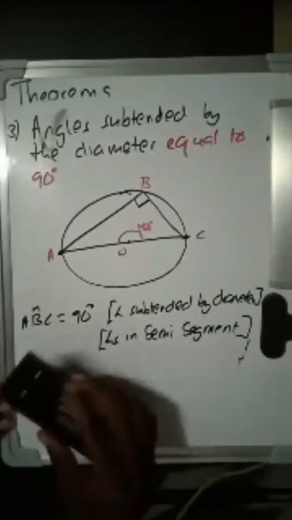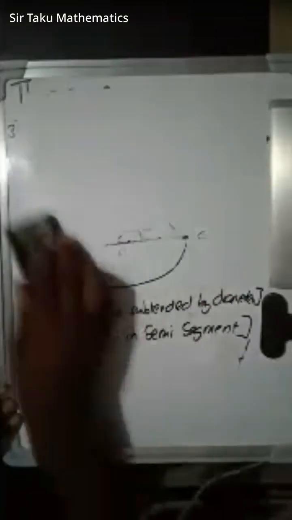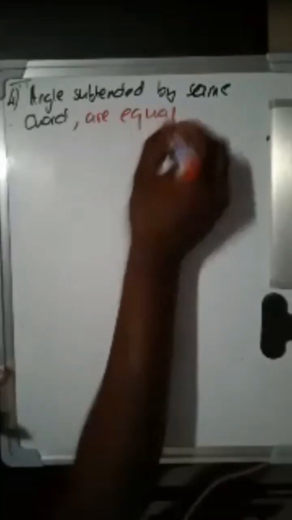The next one, which comes from number 2 that we talked about, is number 4: angles subtended by the same chord on the circumference are equal.